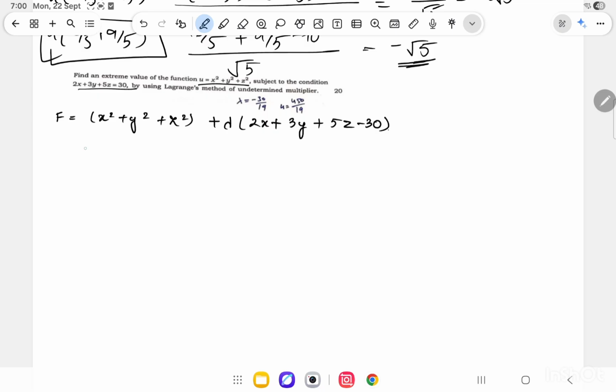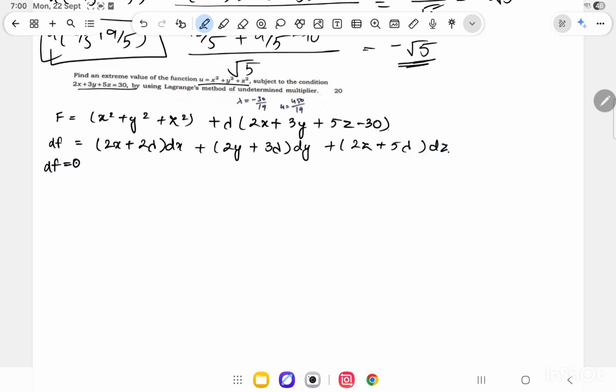So if I simplify it, I'll get df as 2x plus 2 lambda dx plus 2y plus 3 lambda into dy plus 2z plus 5 lambda into dz. Now to get the critical points, let's equate it with 0.